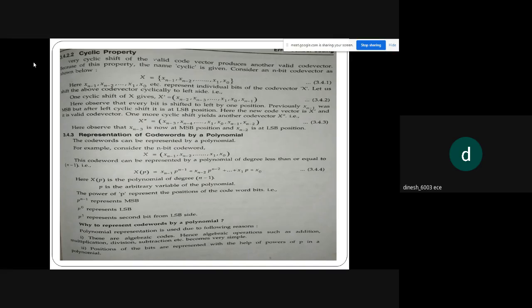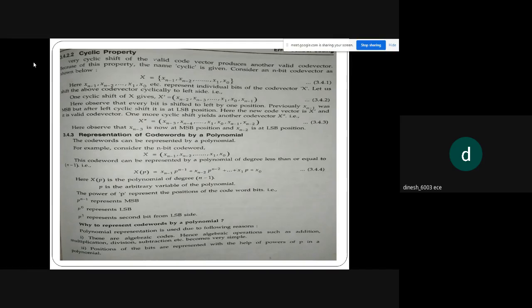So these are the two different types of cyclic shifts. And even if you do this cyclic shift, if it produces another code word which also exists, then the cyclic property is satisfied. So this is what we had seen in yesterday's introduction class to cyclic codes.